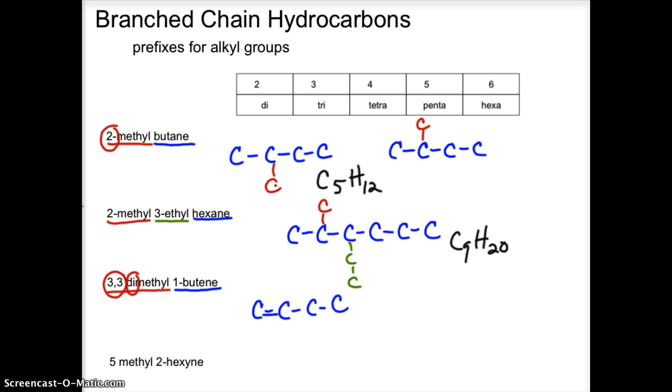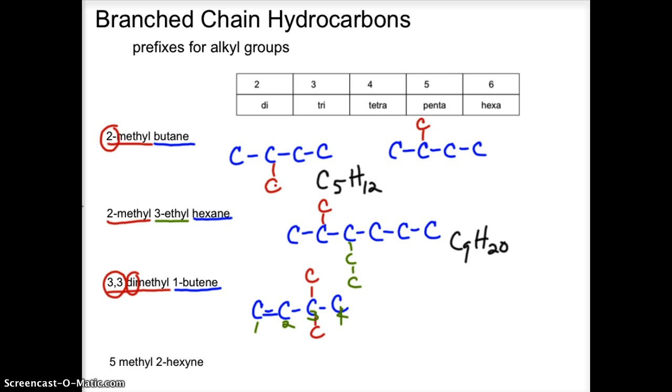So I would place an alkyl here on the third carbon and an alkyl there on the third carbon. This is called 3,3-dimethyl-1-butene. Now there's also something else you should note here: because there is a double bond here, this first carbon has the priority because you want those multiple bonds to have the lowest number possible. So this is first carbon, second carbon, third carbon, fourth carbon. The multiple bond always has the priority of having the lowest number in front of its name.